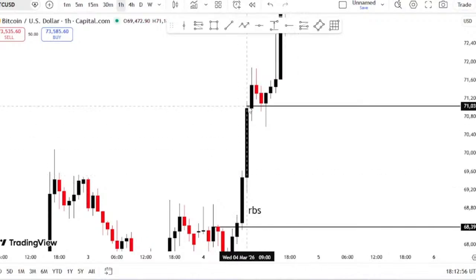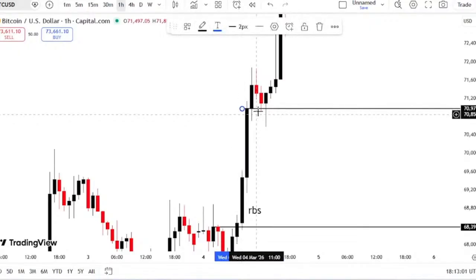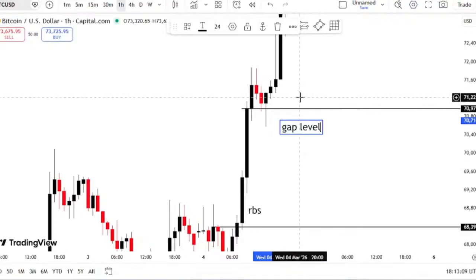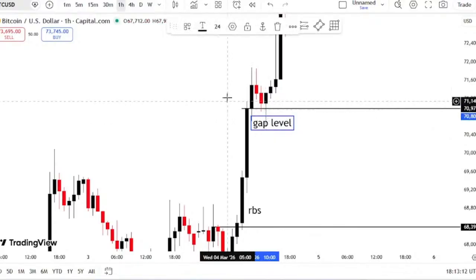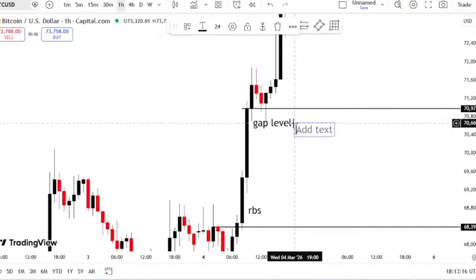Look at this typical example. Look at what price did. This is a gap level, or some people refer to it as open and close, or open close.